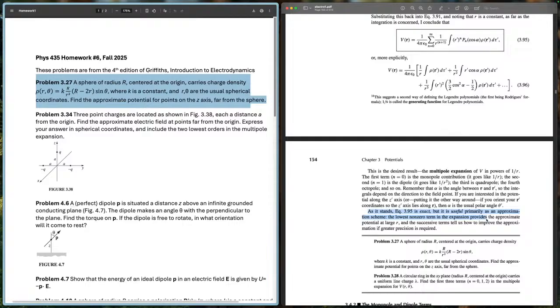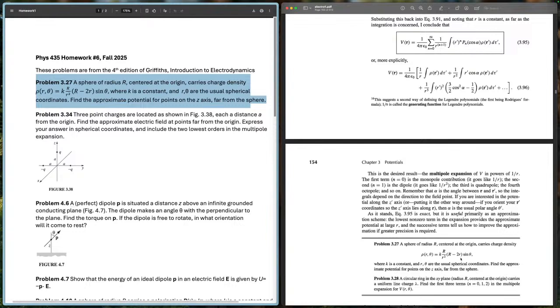The lowest non-zero term in the expansion approximates the potential at large R. And the successive terms tell us how to improve the approximation. So for this problem, we just want to find the first approximation, which should be over here, right?